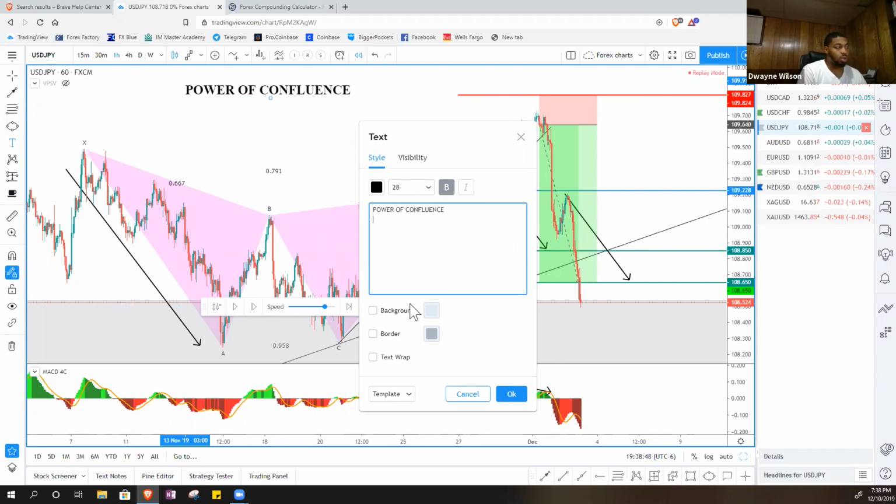Number one, what did we notice? We noted divergence on a higher time frame. Just say TF for short. Just note that it was daily. We went to a smaller time frame. We noted impulse. I'll say bearish impulse.